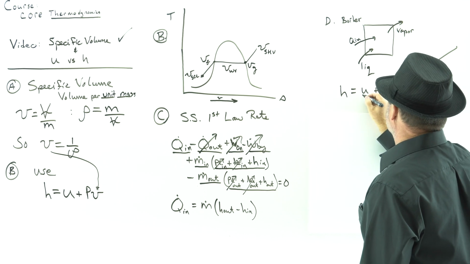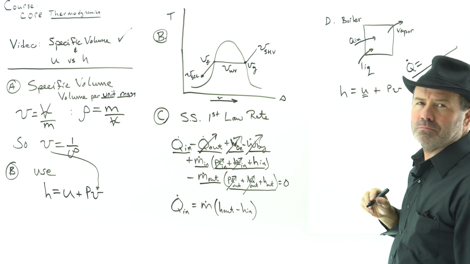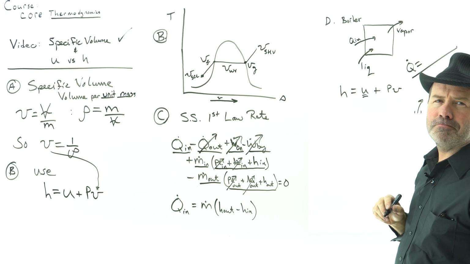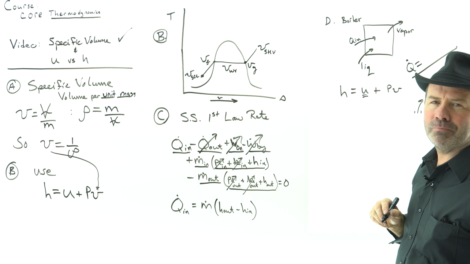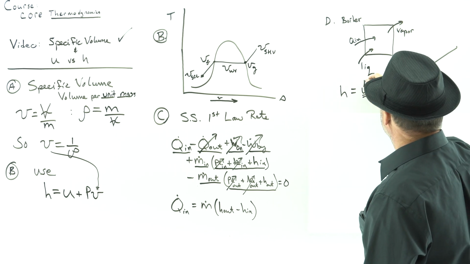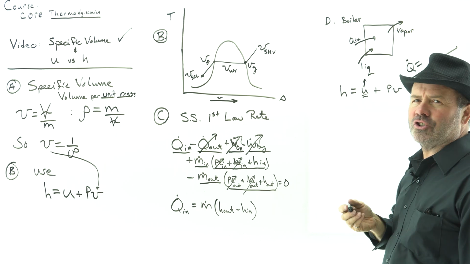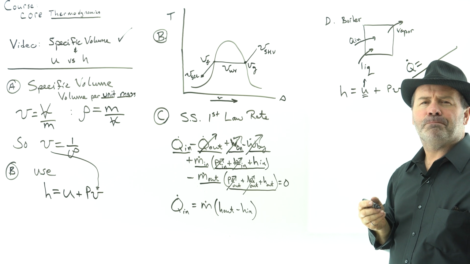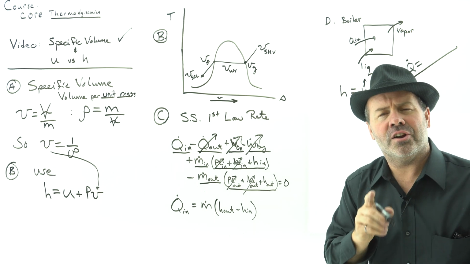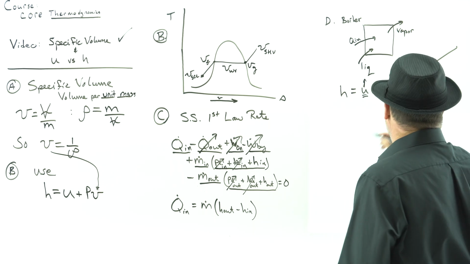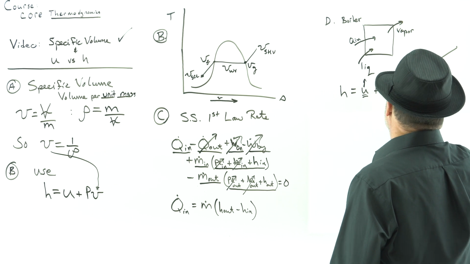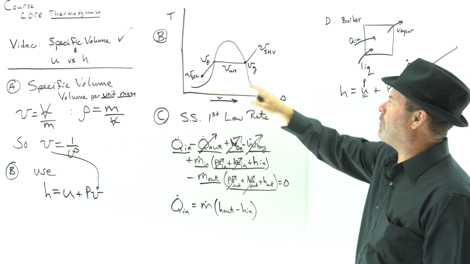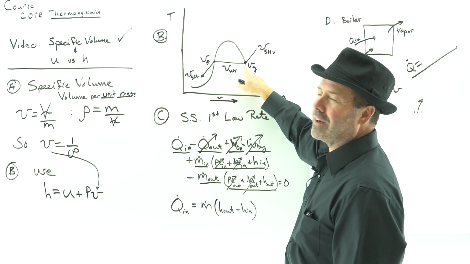Does its internal energy change? What do you think? Those molecules have more energy when you've boiled something? Yes, they do. It goes up. Does the pressure change in a boiler? The answer to that is not very much. But does the specific volume change when you boil something?